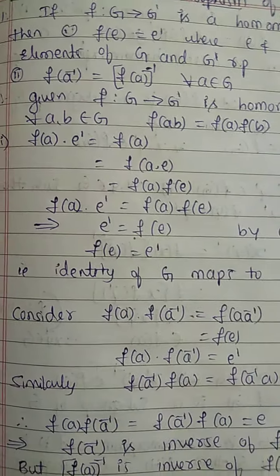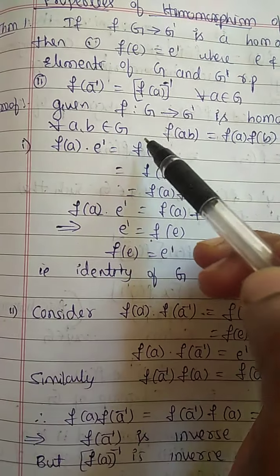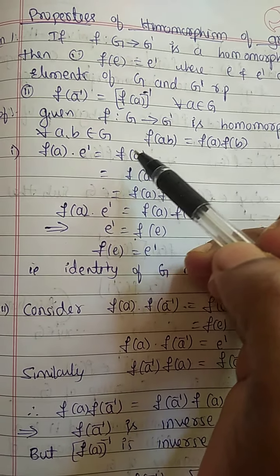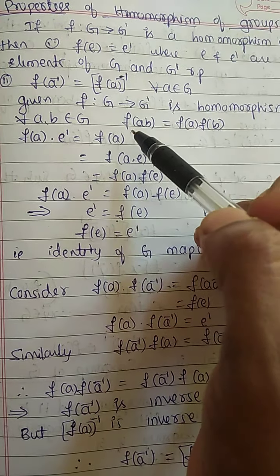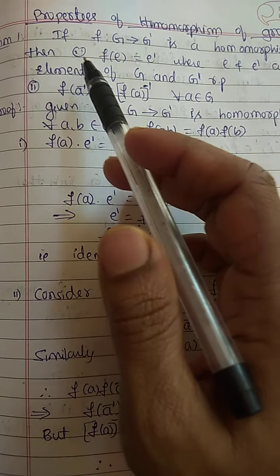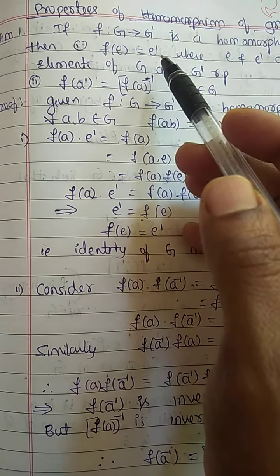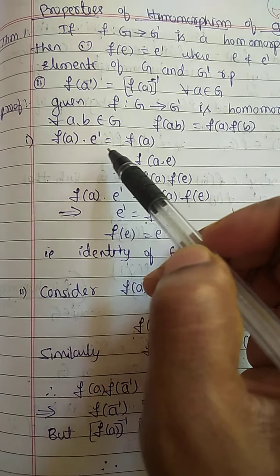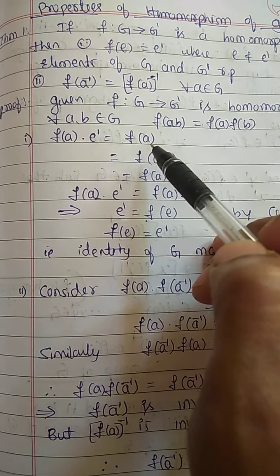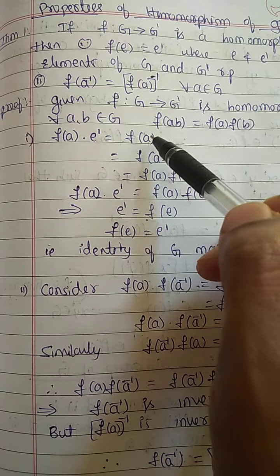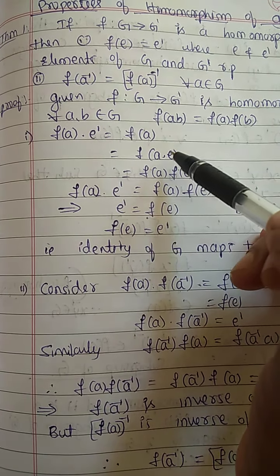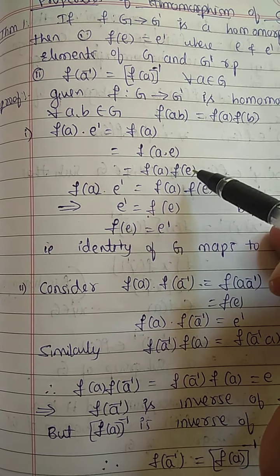Given f maps from G to G dash is a homomorphism, for every a, b belongs to G, then f of ab can be written as f of a into f of b. In the first, we have to prove that f of e equals e dash. f of a equals f of a into e, that equals f of a into f of e, because f is a homomorphism.